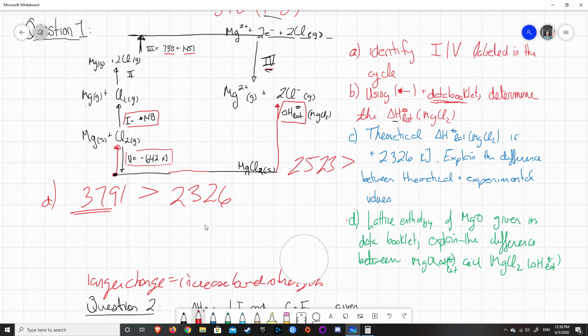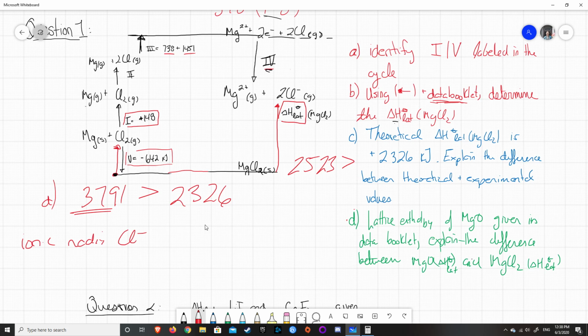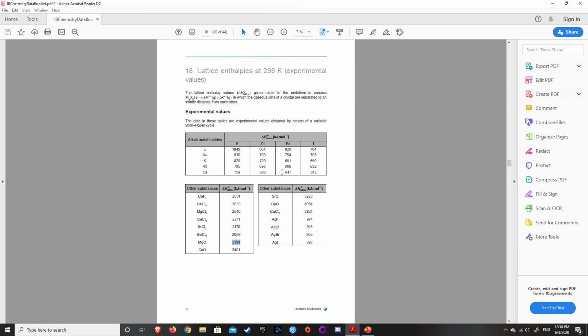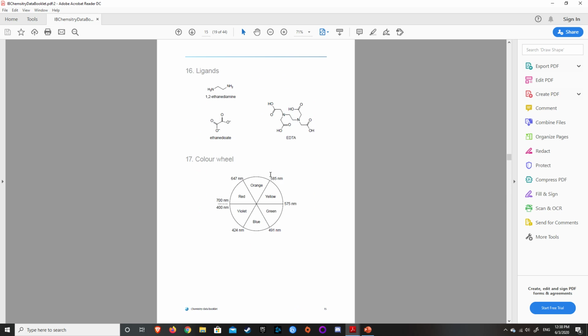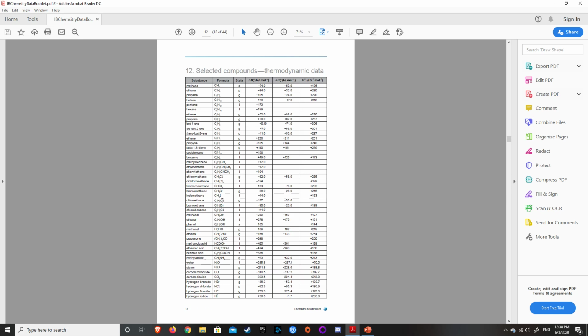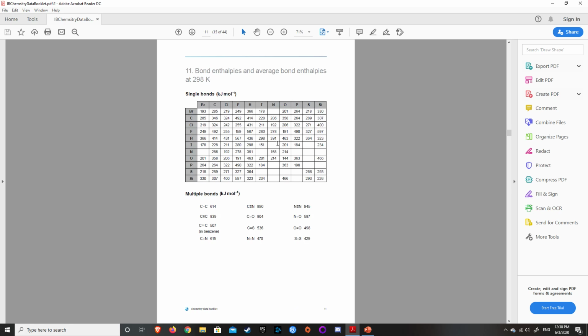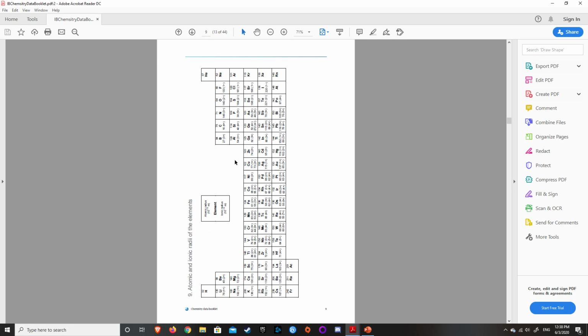Let's look at the second one, ionic radii. Let's do the ionic radius of chlorine and of oxygen. These should be provided somewhere in the data booklet. Let's double check. Enthalpies of combustion, nope. There we go, atomic and ionic radii.